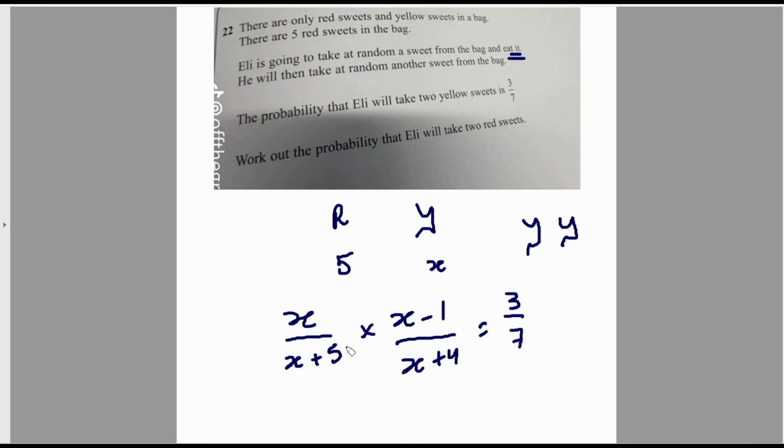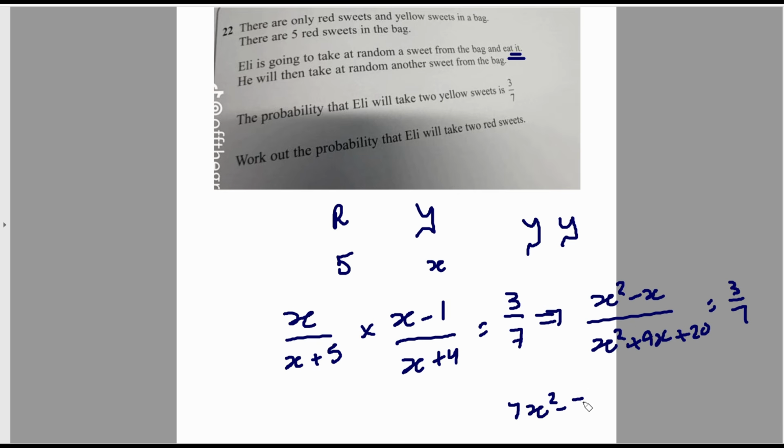It's algebraic fractions here, you need to expand. So if you expand that, you get x squared minus x over x squared add 9x add 20 equal to 3 over 7. Do cross multiply here. So 7x squared minus 7x equals 3x squared plus 27x plus 60.